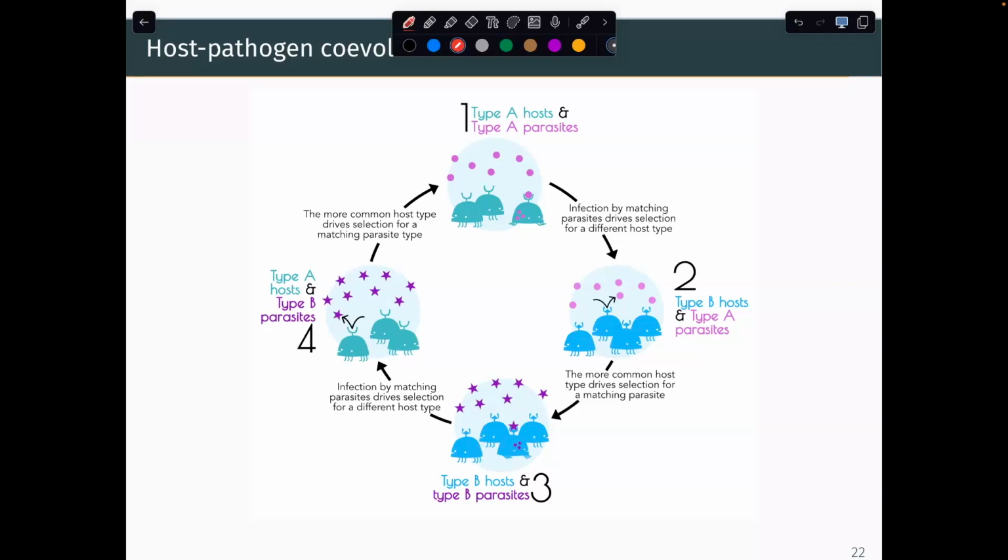So now these stars here are the ones that can infect these hosts. This is allele B in our pathogen. So we have allele A in our host, allele B in the host, and allele B in the pathogen. And then infection again by matching parasites or pathogens drives selection for a different host type.